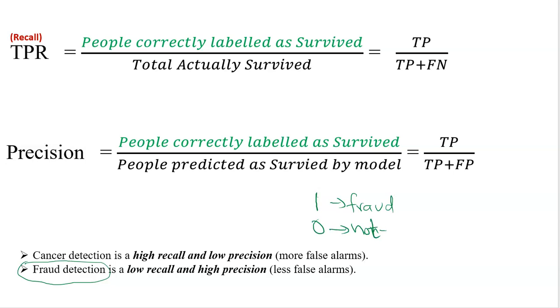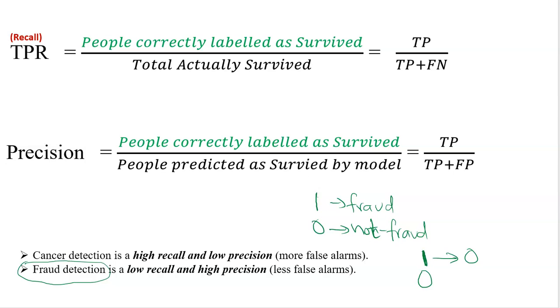Now, say you have a model that looks at a transaction that is actually fraud, and identifies that as not fraud. This is really not a big issue, especially since these are usually a very low percentage of transactions.